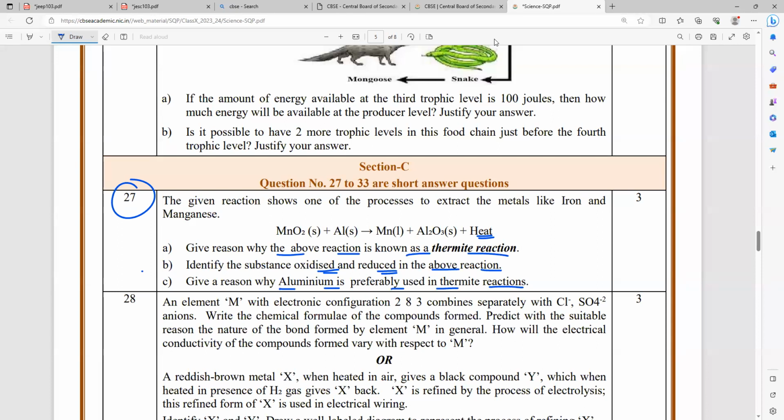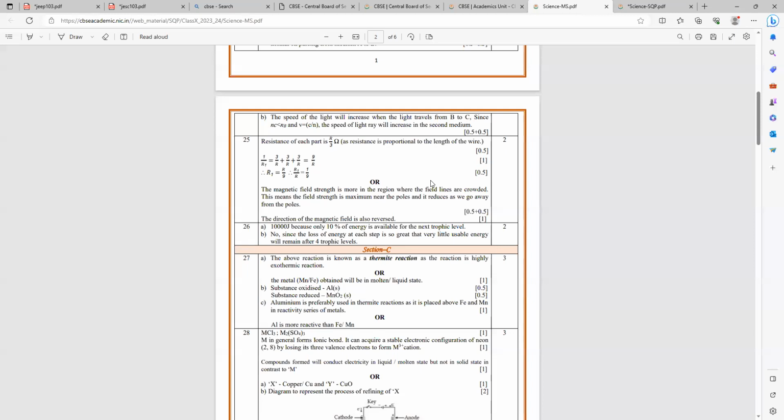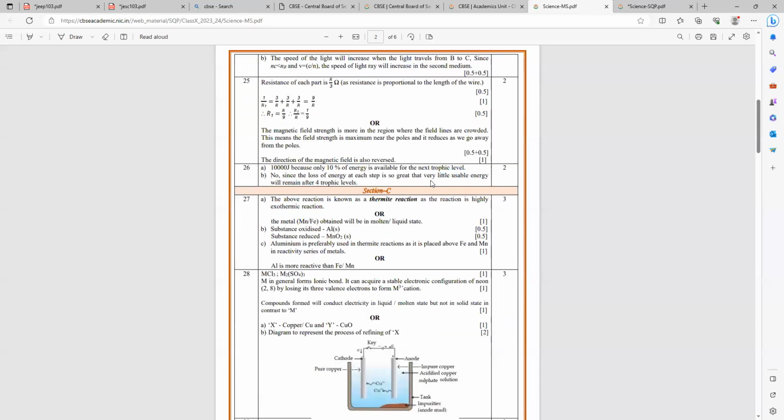First of all, why is it called a thermite reaction, everyone? Because it will produce what? Why is the thermite reaction called that? Because it is highly exothermic. Yes, a highly exothermic reaction, so clearly you can see that. What did they mention also?